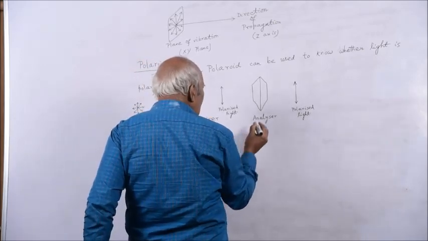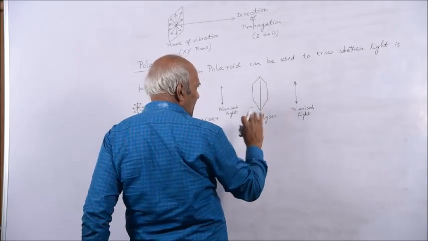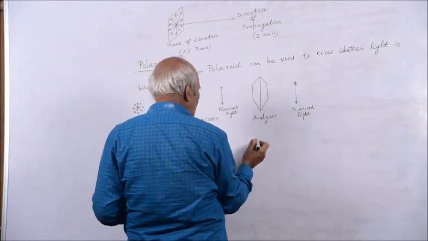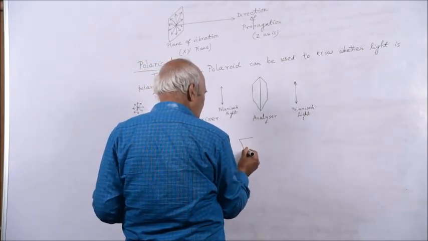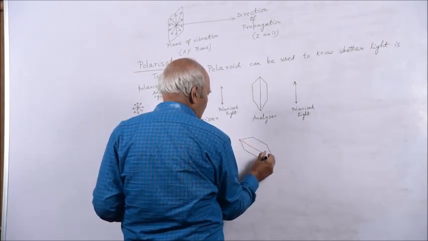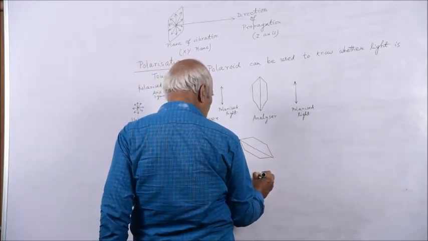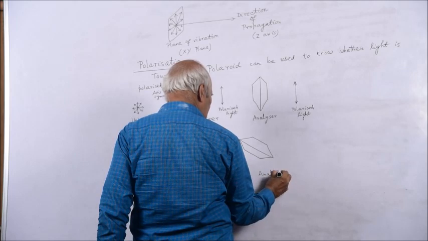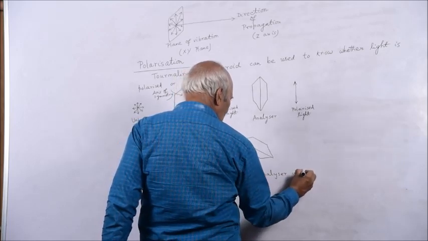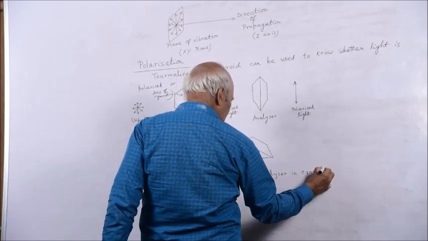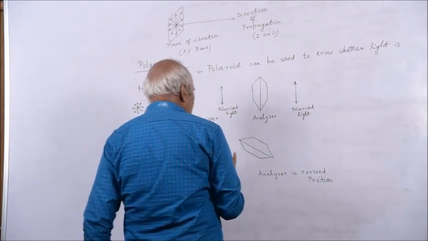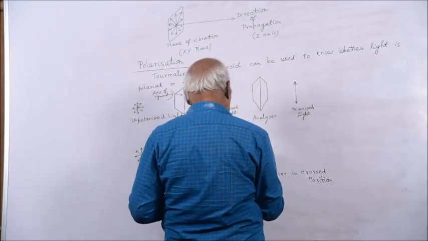Then if the analyzer will be rotated about the axis, if it is rotated, analyzer in crossed position, say crossed position means they make 90 degree.